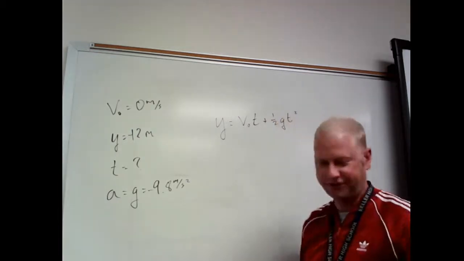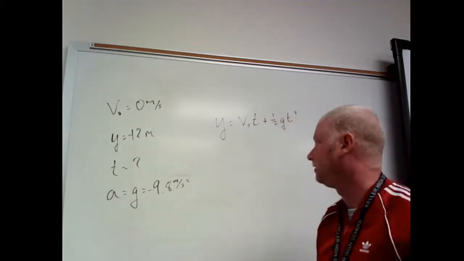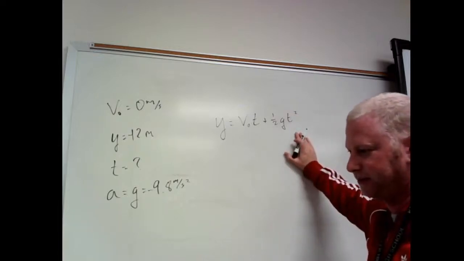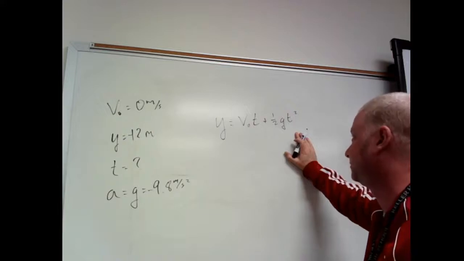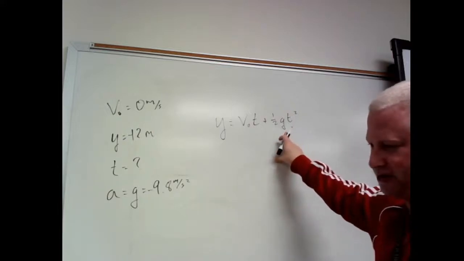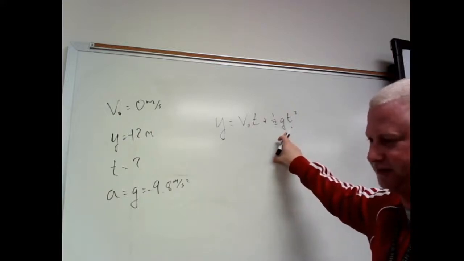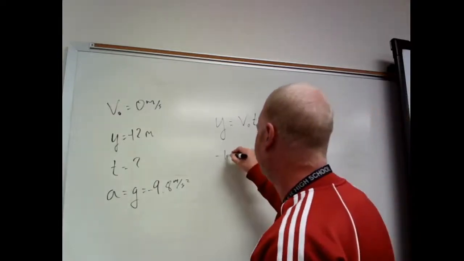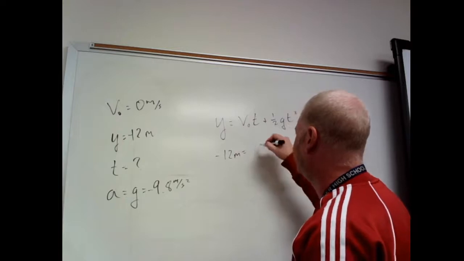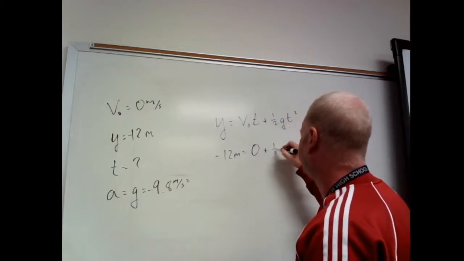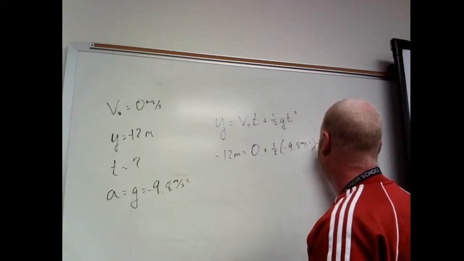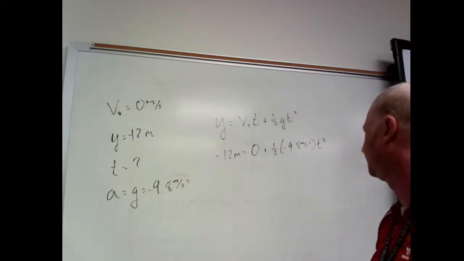We have enough information to solve now using that third kinematic equation, where y equals v naught t plus 1/2 acceleration times time squared. Notice I switched out a with g because g is the same thing as acceleration in this case. So negative 12 meters is equal to 0 plus 1/2 of negative 9.8 times time squared.